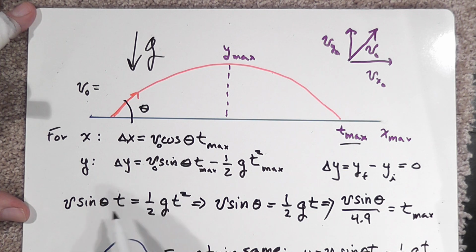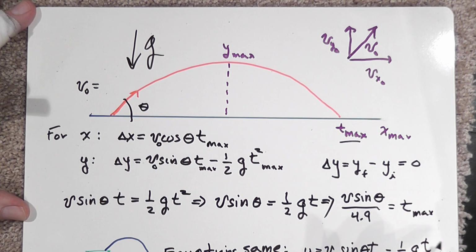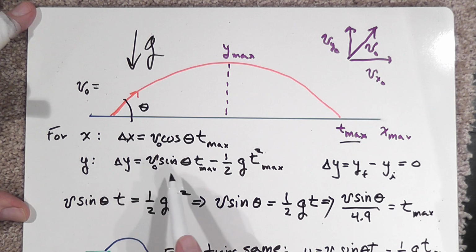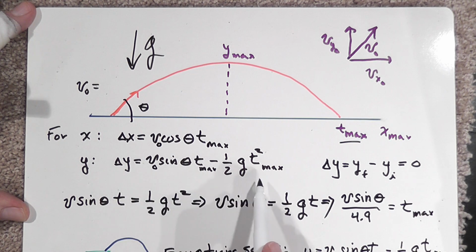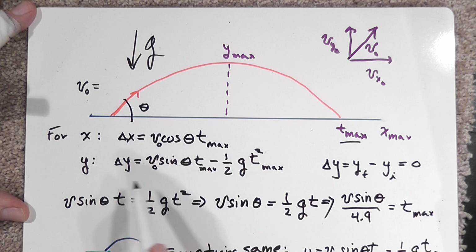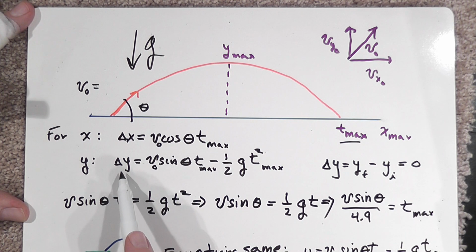We take these 2 equations and go to this last one right here, which is t max. That is only if you launch a projectile from the same level and it lands at the same level. If you are off a building, you're going to have to solve for t max by using a quadratic equation. Just remember that when you solve off a building, delta y is different now.